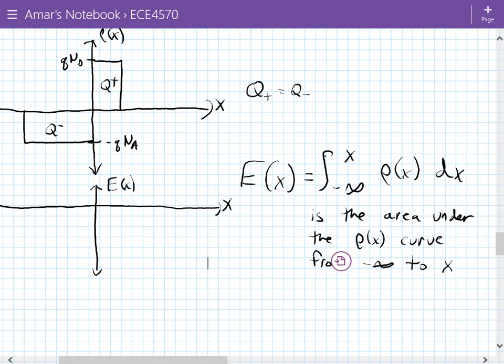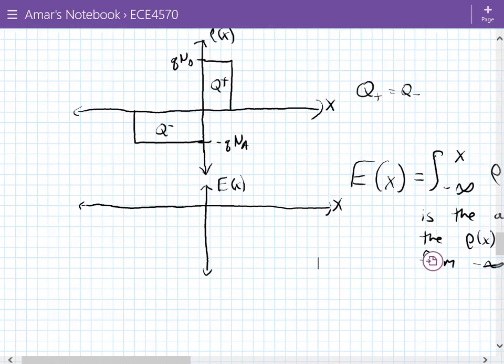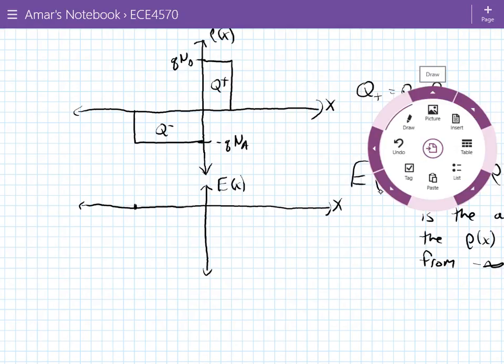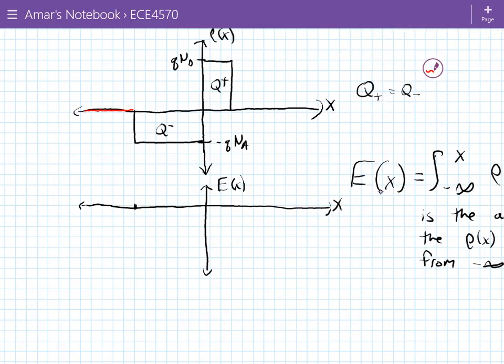If I'm at this point, what is going to be the area under the curve? Everything to the left of this. The curve is this blue line here. I'll just redraw it in blue. The curve looks like this.